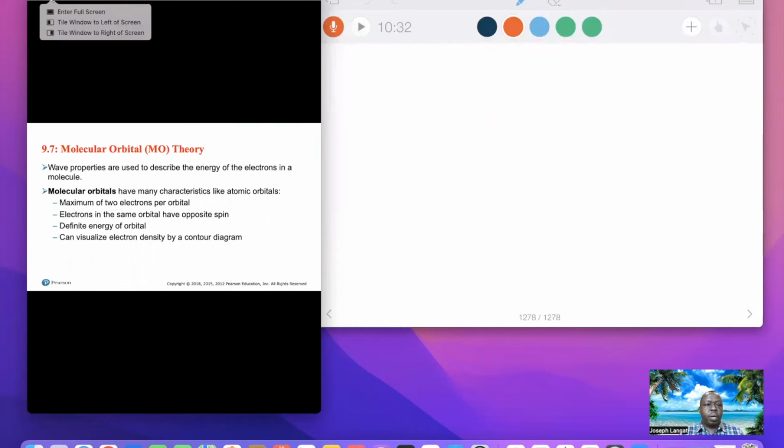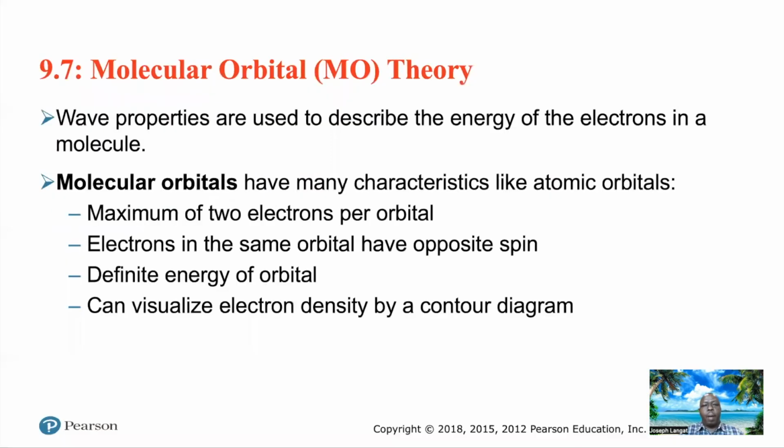Let's see the molecular orbital theory, how the bonds are formed in a molecule. We have looked at valence bond theory. For molecular orbital theory, we will use the quantum mechanical model of the atoms to explain chemical or molecular bonding.